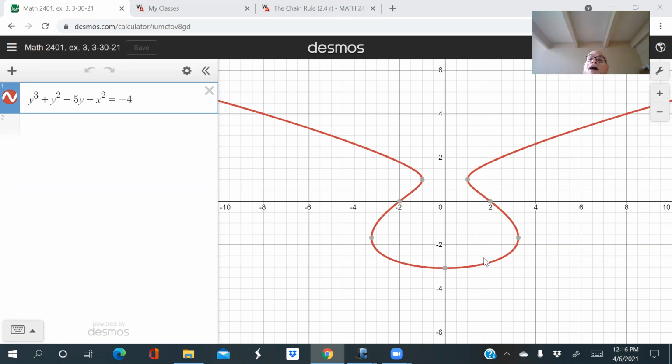But nevertheless, we can still find the slope of this curve at various points, really any point on the curve, by using a process called implicit differentiation. And so we can apply calculus concepts to curves that are not functions.